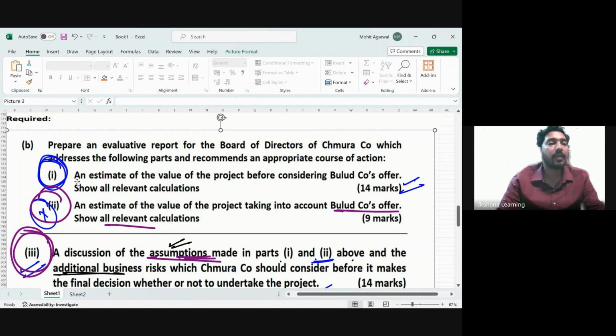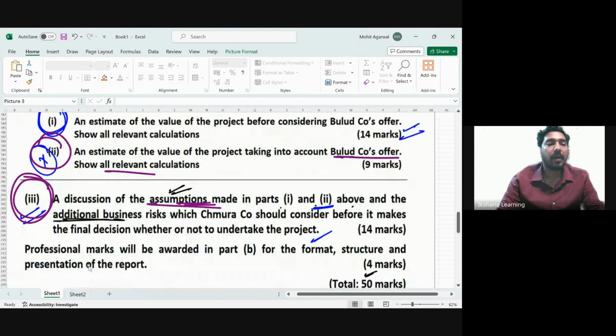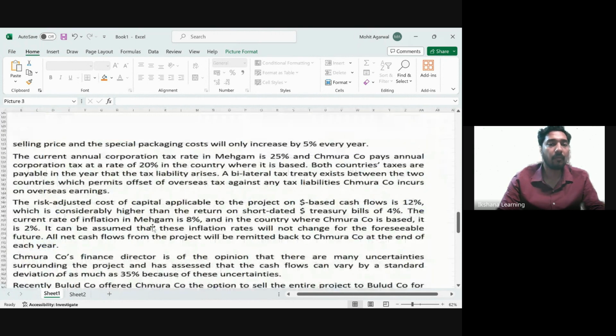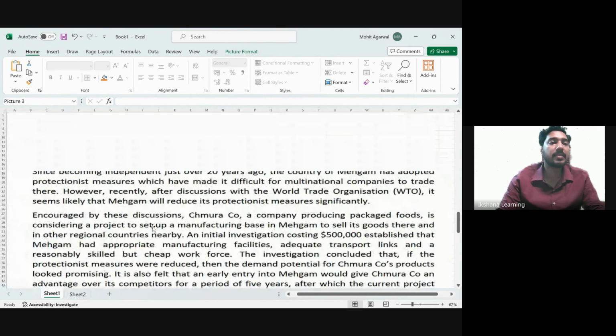That part we are going to discuss today. The second part we will not do because it requires knowledge of Black's call option pricing model. And the third part is the assumptions you made in part one and part two, which you have to write, plus additional business risks. Okay, let's start the question.